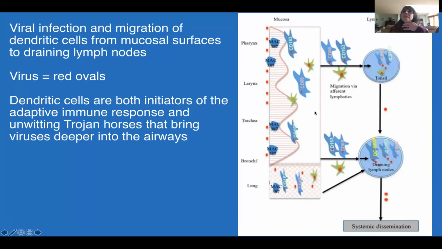I was wrong in the way I stated it. I'm not aware of dendritic cells that actually travel into the lung. The dendritic cells travel to the tonsils and the adenoids and the other lymphoid tissue that is associated with the lung, but the virus now, it's escaped.